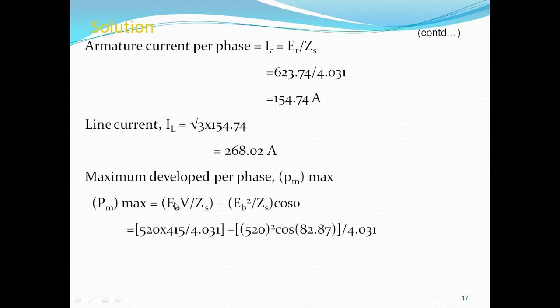Substitute these values: EB is equal to 520 volts, V is equal to 415 volts, and ZS is equal to 4.031 ohms, minus 520 square cos of 82.87 degrees divided by 4.031.